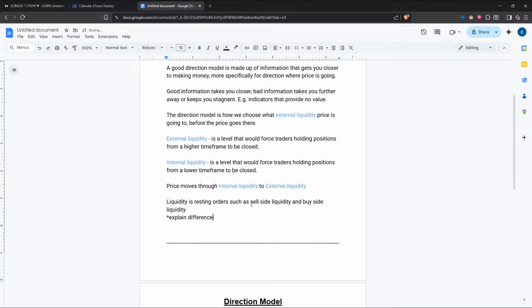I'm gonna put it here because I need to make sure I'm correct. Right. So liquidity is resting orders such as, oh wait, the star makes it italic, I just realized. Best liquidity. Liquidity provides fuel for price moves. I'm gonna explain why later as well.